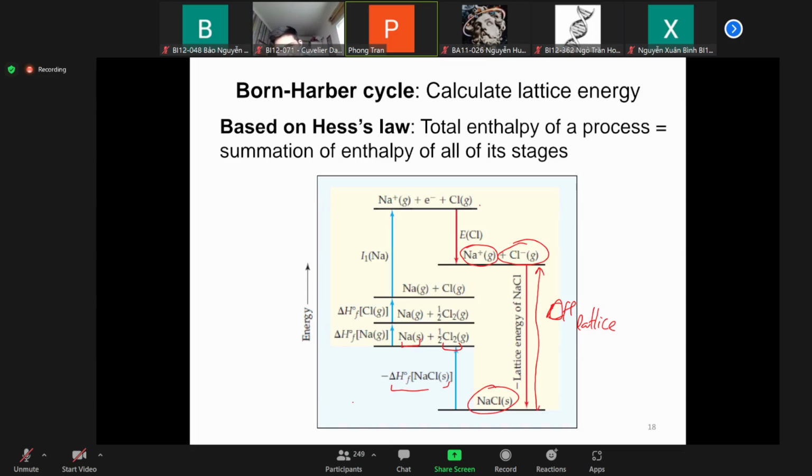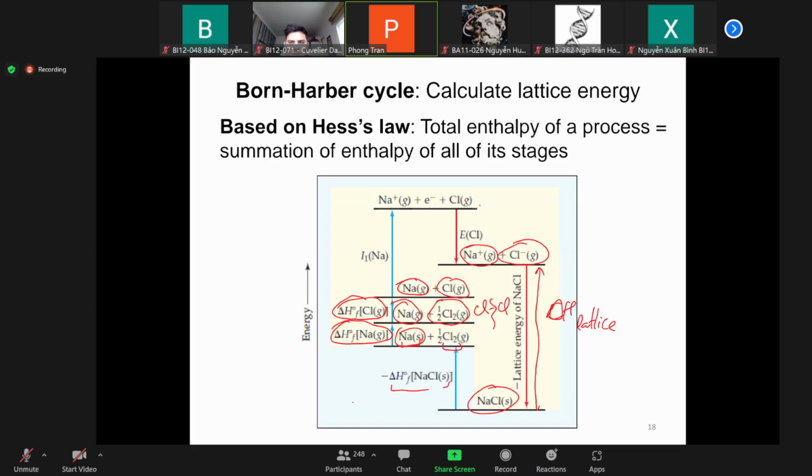Then you put in the energy to evaporate sodium solid to sodium gas, and likewise for the chloride gas. Now you have sodium gas and chloride gas.